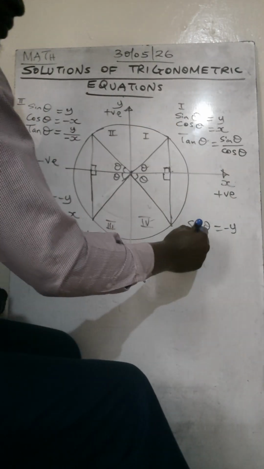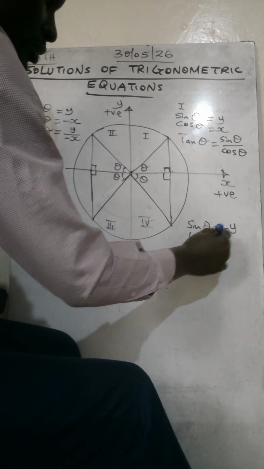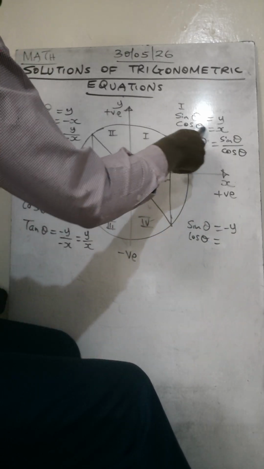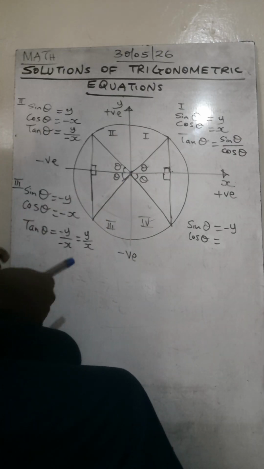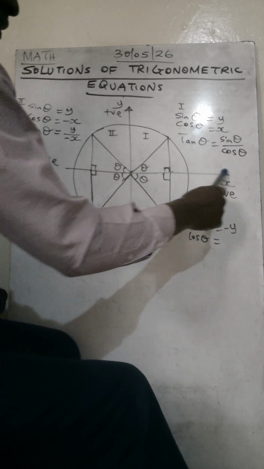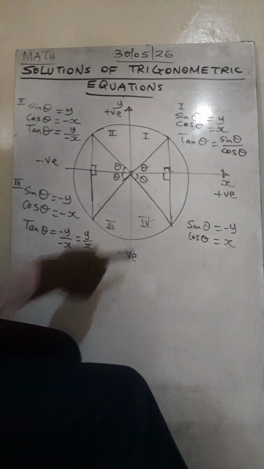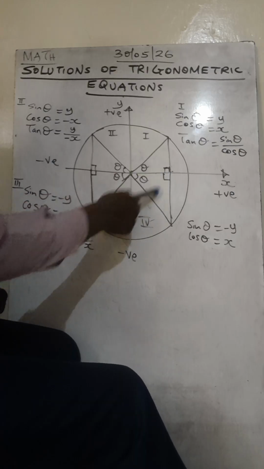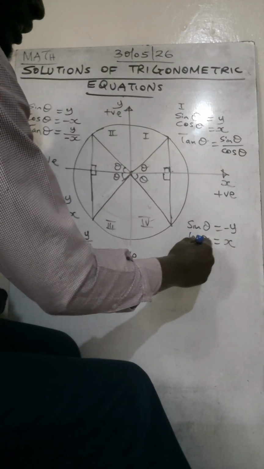Cosine of theta is supposed to be changing x values, and what is the x value here? Which axis are we going to use? We are going to use this axis, which is positive x, because we are here. Positive x.